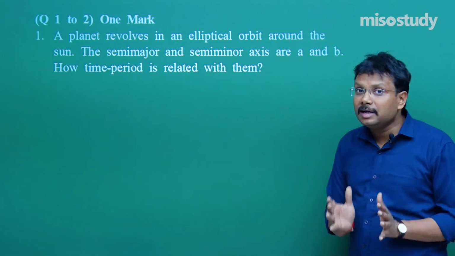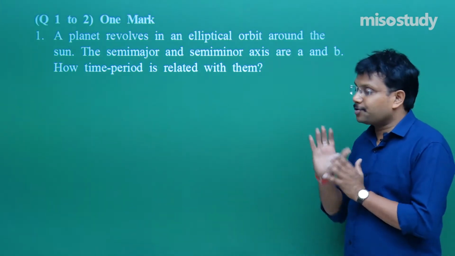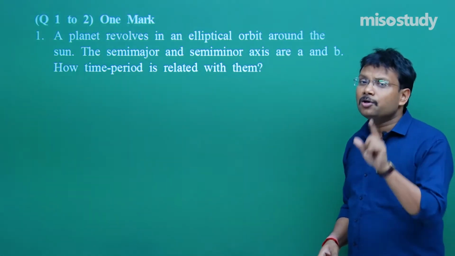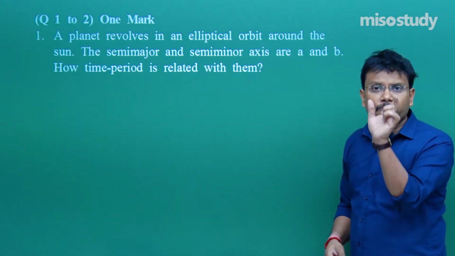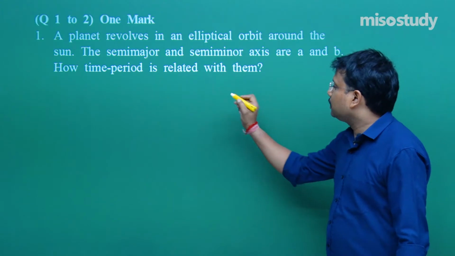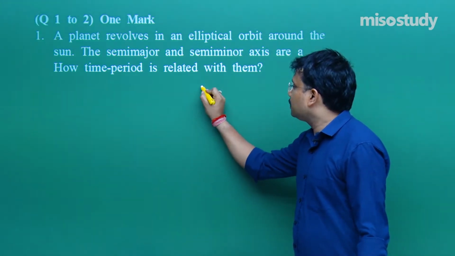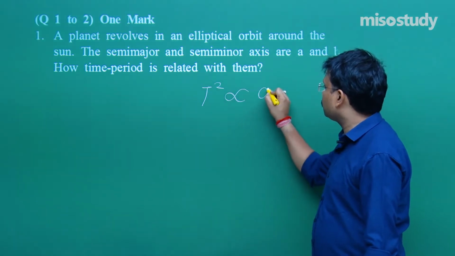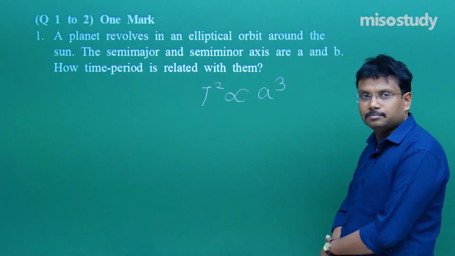Now, ideally the answer to this question should be, because it is for 1 mark, just 1 or 2 words. So, here the answer should be that T square is directly proportional to A cube.